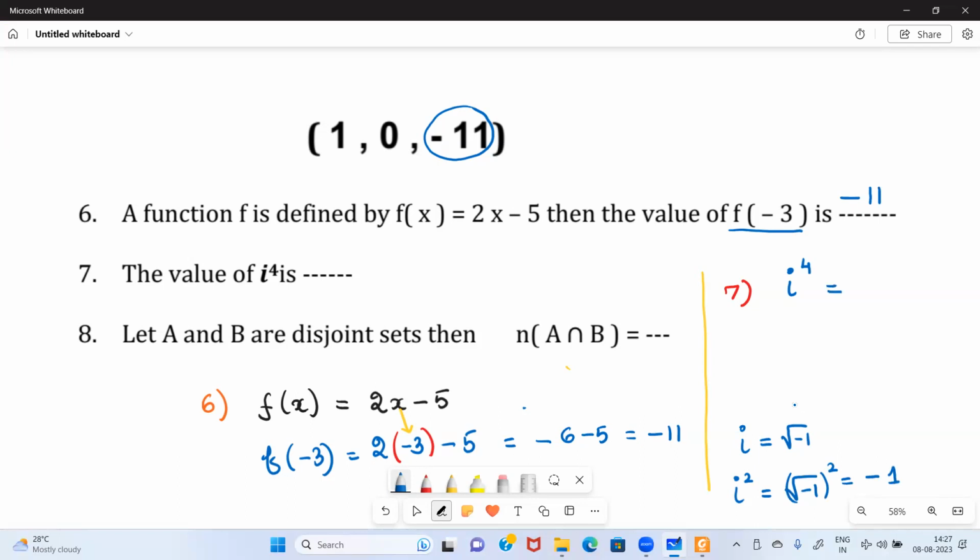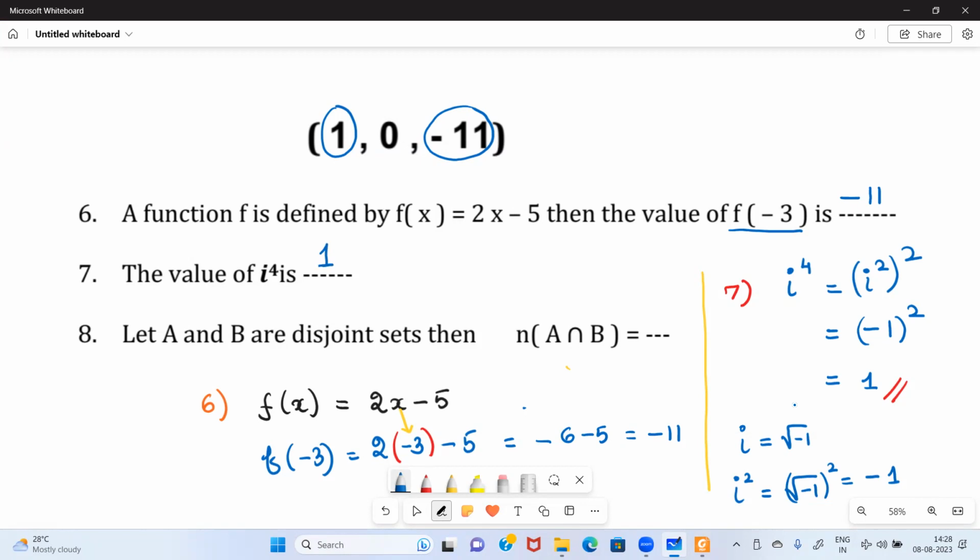So i power 4 is nothing but i square the whole square. Do you agree? And what is i square? i square is minus 1. So minus 1 the whole square becomes 1. Therefore, the required answer for the 7th question is 1, which is nothing but the value given here. So the answer for this is 1.